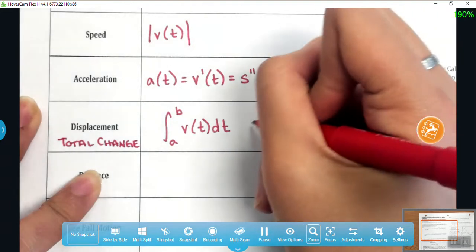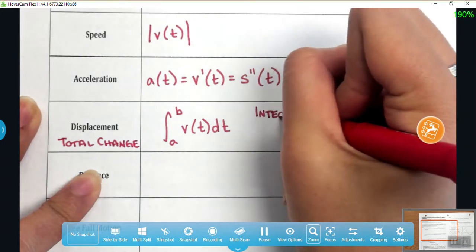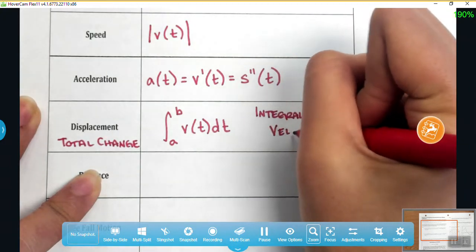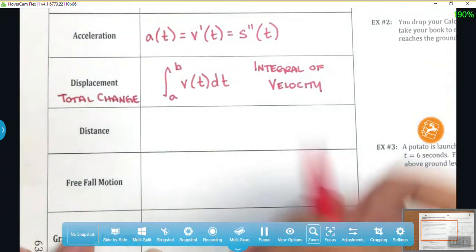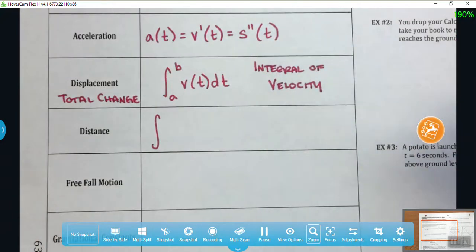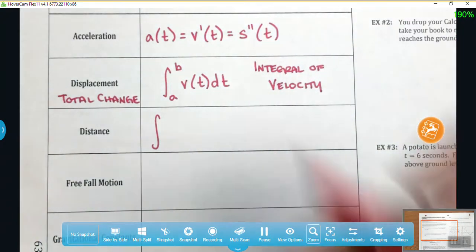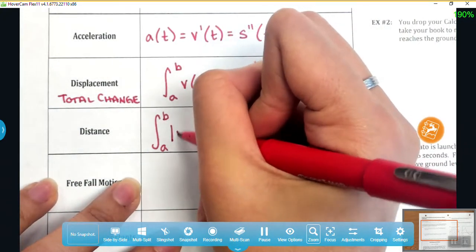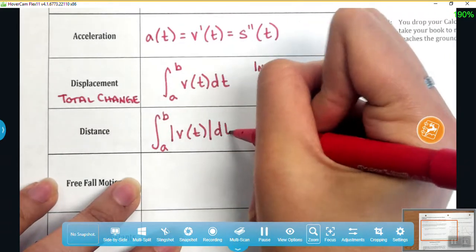Okay, I remember displacement as the integral of velocity. And then distance is you don't care whether your area is positive or negative, you're going to add it all the time. So it's the integral from A to B of absolute value of velocity, because we're going to take out direction.